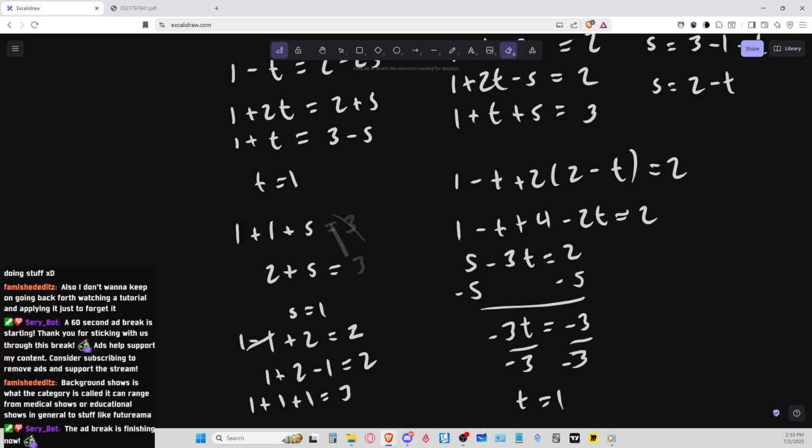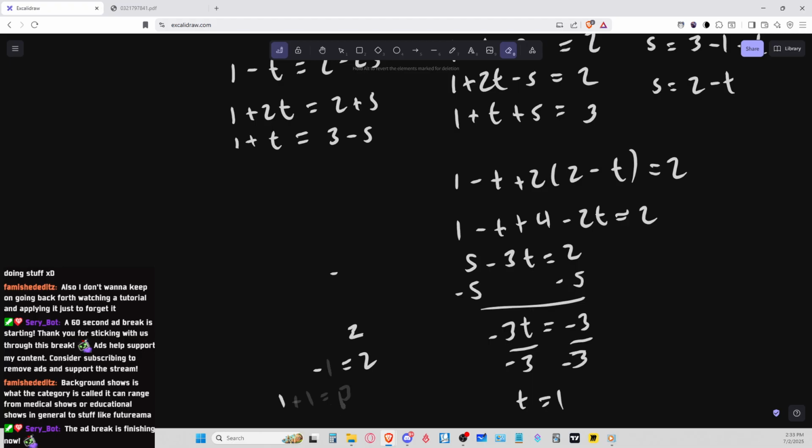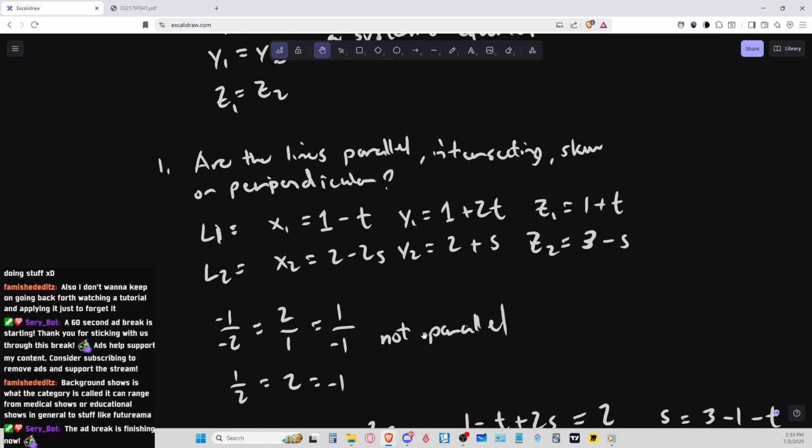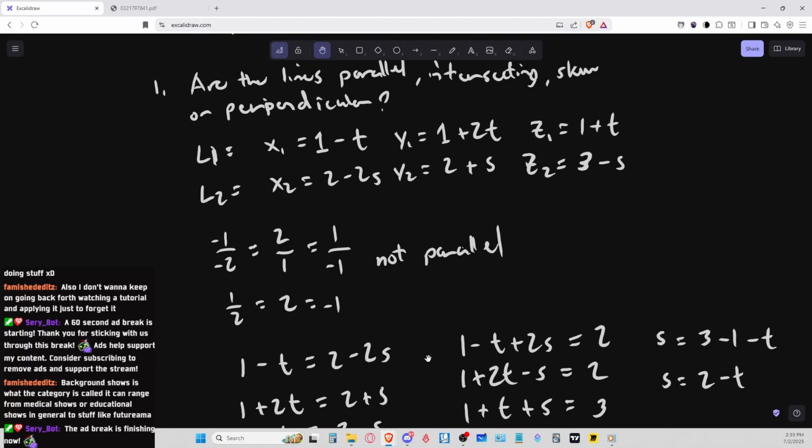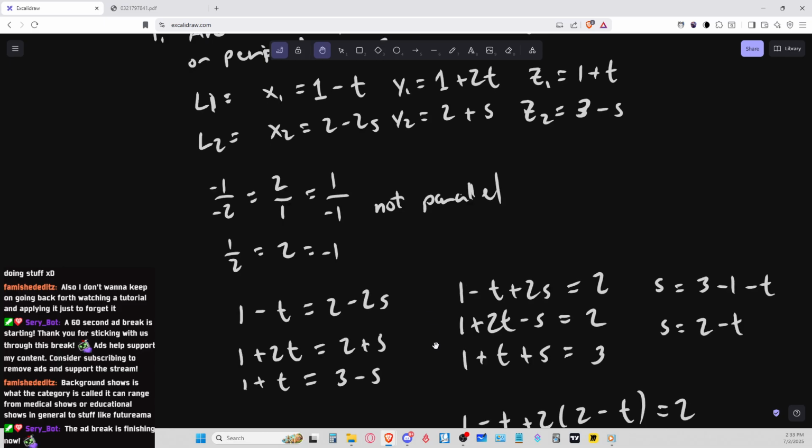And I feel like I'm not doing the right procedure. Because I realized that the original point of this question is to see if they're perpendicular or they're intersecting. And if not, then they're skew lines.